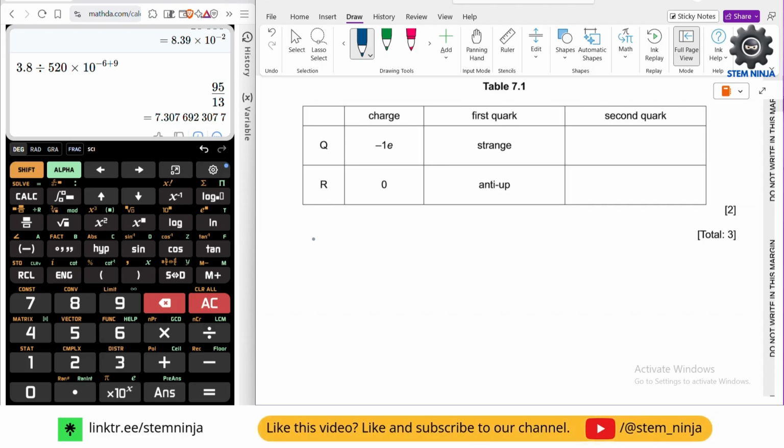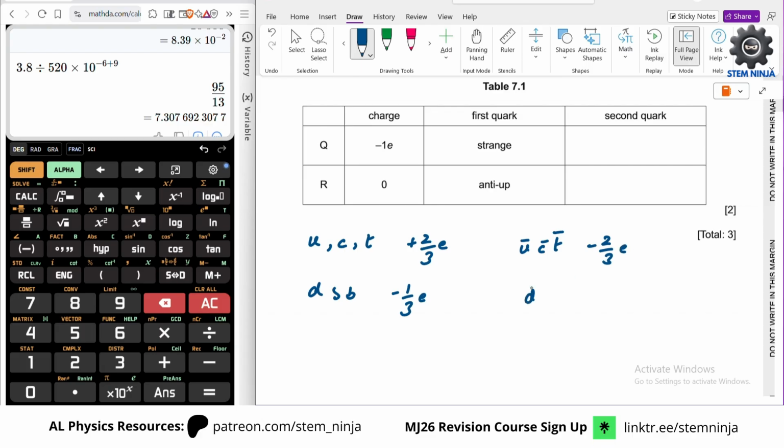Complete table 7.1 to show a possible second quark in each of Q and R. Okay, so remember the table. Up, charm, and top have charge plus 2/3 e. Down, strange, bottom have charge minus 1/3 e. Anti-up, anti-charm, anti-top will have minus 2/3 e. And anti-down, anti-strange, anti-bottom will have plus 1/3 e.